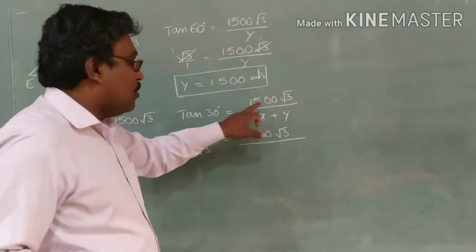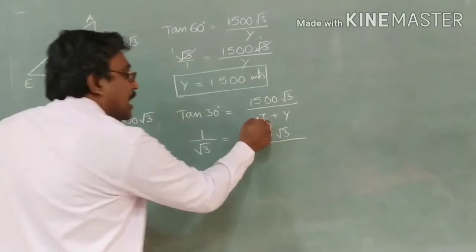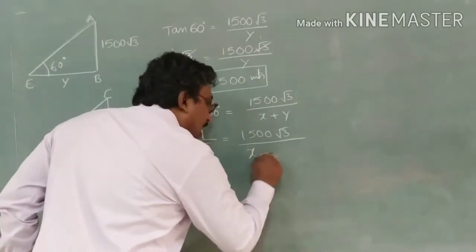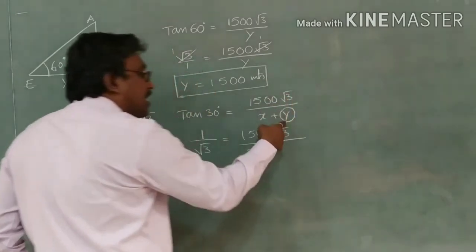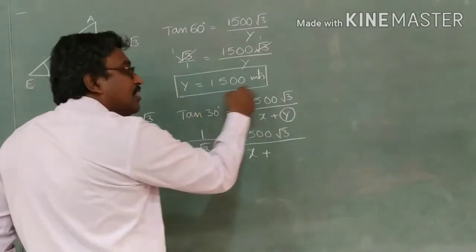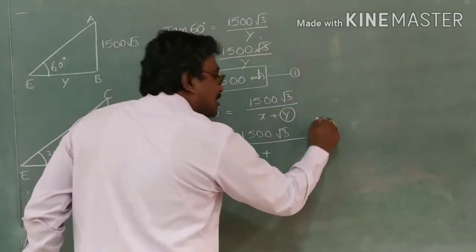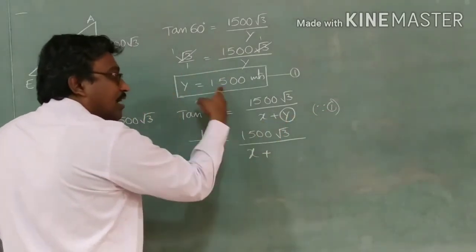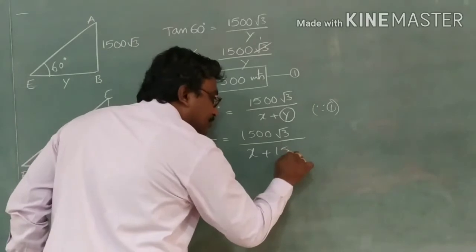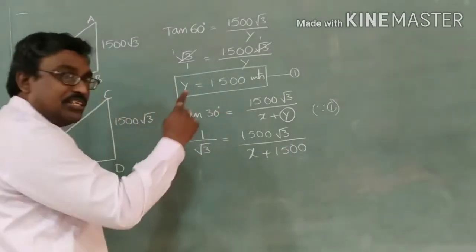So 1 by root 3 is equal to 1500 root 3 by X plus Y. I am substituting Y as 1500 meters from equation 1.